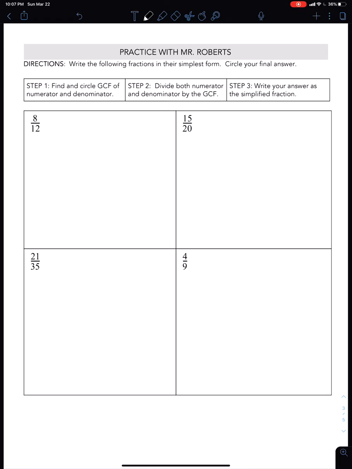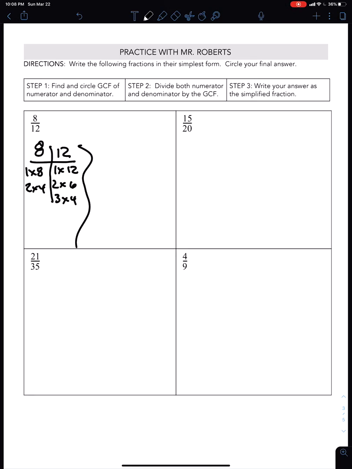And we're going to do exactly what we just did. So following step 1, we're going to do 8 and 12. And then we do 1 times 8, 2 times 4. And then for 12, 1 times 12, 2 times 6, 3 times 4.